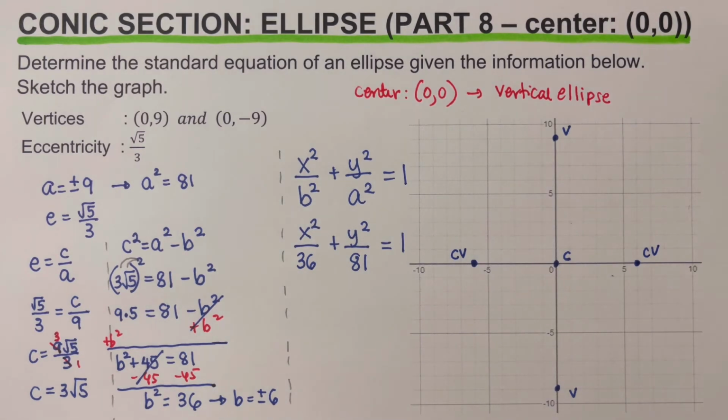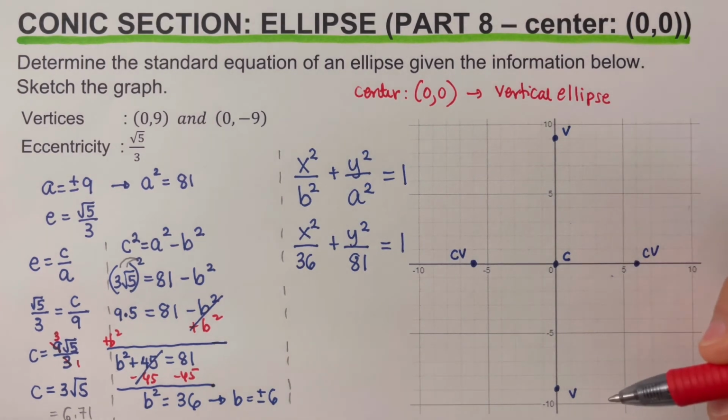And we can go ahead and plot the focus on this graph that we have right here. Remember that this 3 square root of 5 can be changed into its decimal version, and that would be approximately 6.71. So I go up and down 6.71.